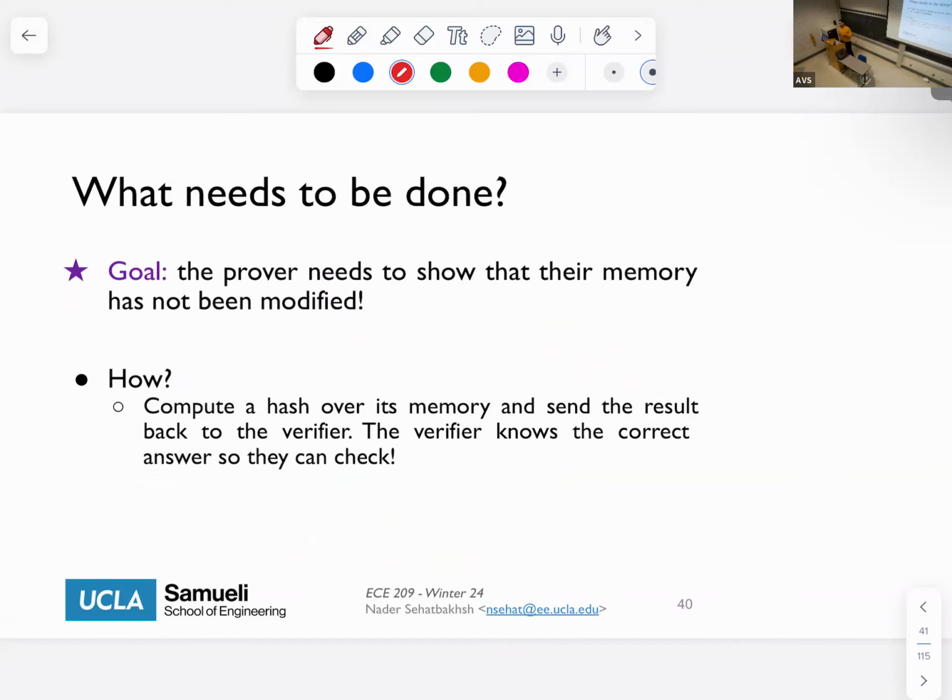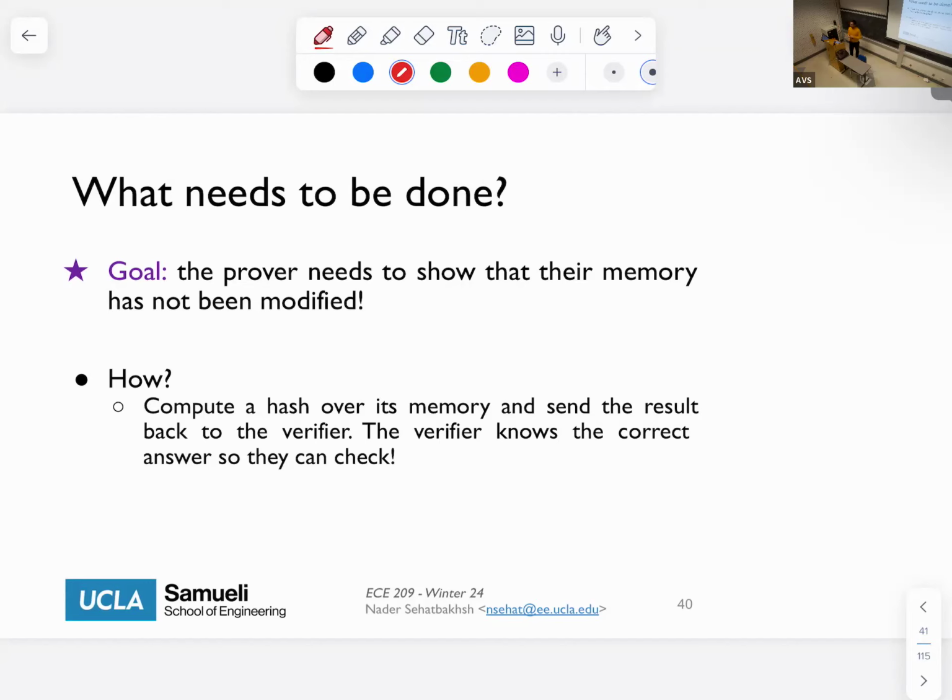Essentially, they need to show that no new code has been installed, or if it is installed, that it's been authorized by the centralized entity, the verifier, or any other trusted entity that we have in the system.